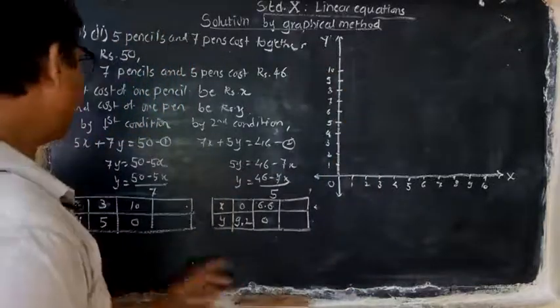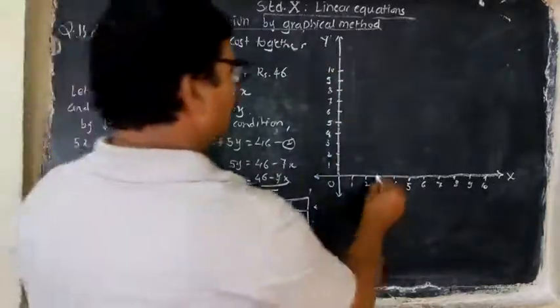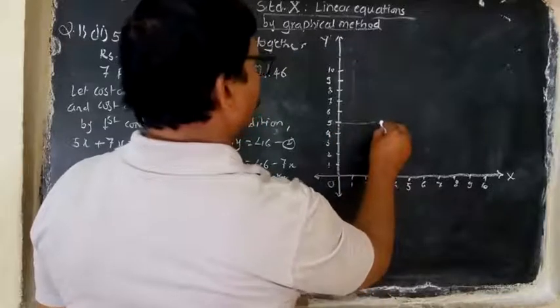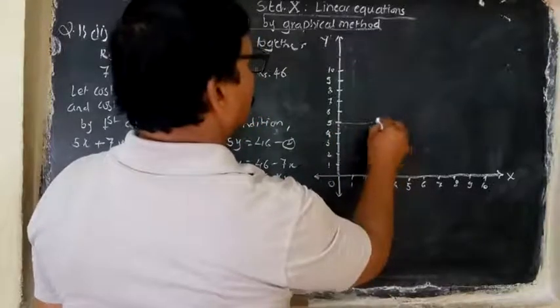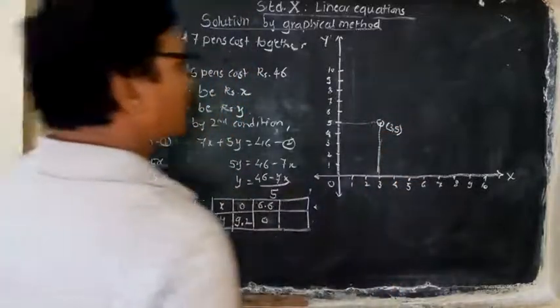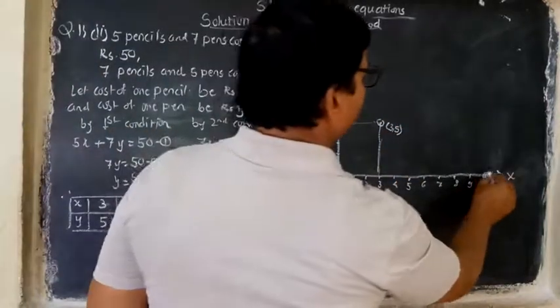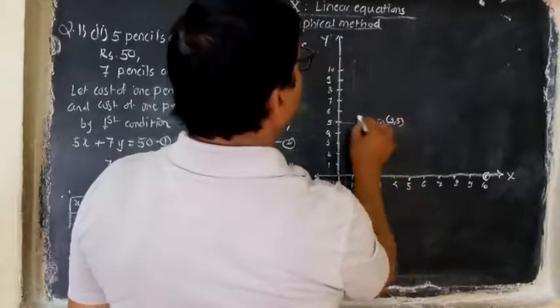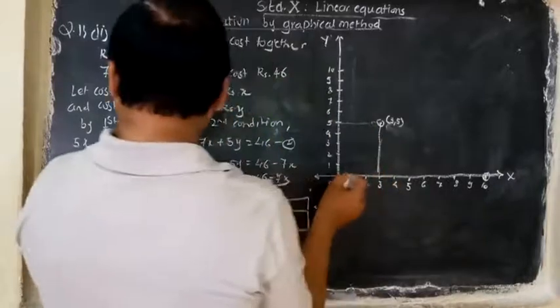For the first equation, when x is equal to 3, y is equal to 5. The point is like this, 3, 5. Then when x is equal to 10, y is equal to 0. The graph will be a straight line passing here.